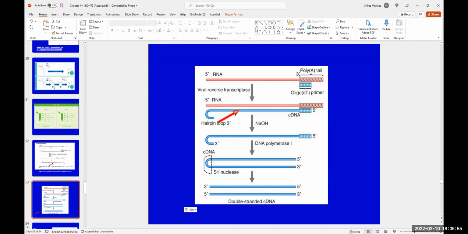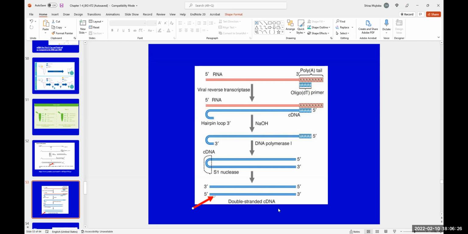Once reverse transcription is done, you need to remove the mRNA-cDNA hybrid through an enzyme called RNase H. Then you only have one strand of cDNA, and to convert it into double-stranded DNA, you need DNA polymerase. Now you get double-stranded DNA, but it is connected here, so this has to be removed. This is removed by S1 nuclease.